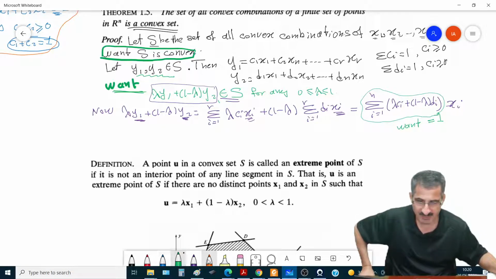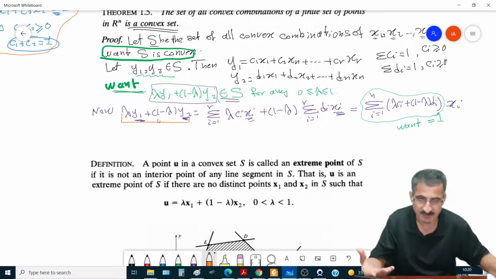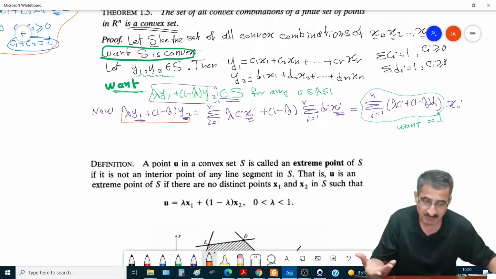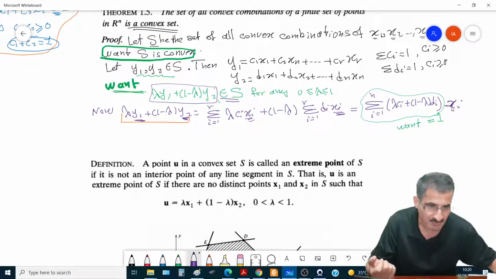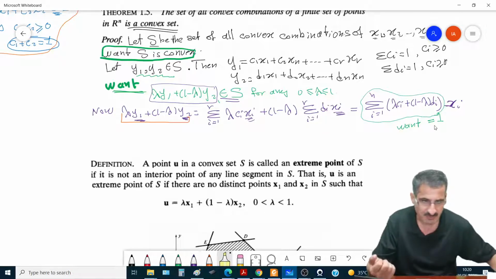Right? Because that will make this element a combination of the xi's with coefficients whose summation equals 1. So I will leave it to you to show that all the summation equals 1.